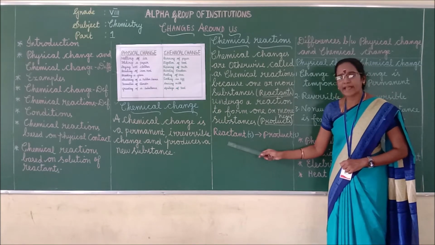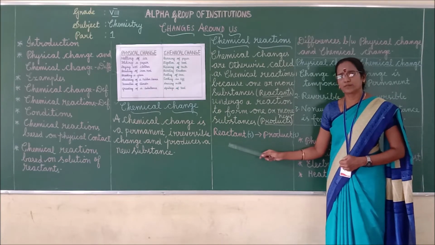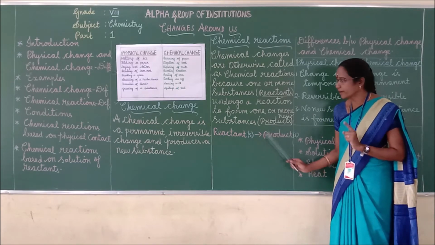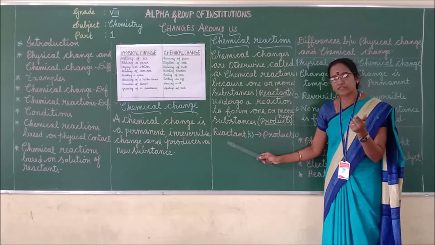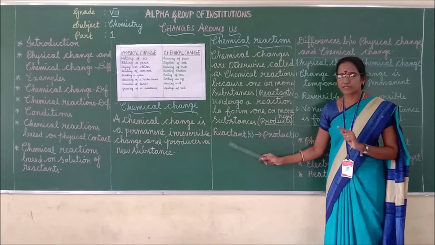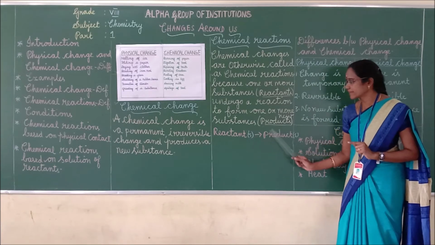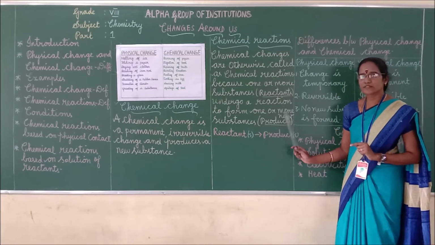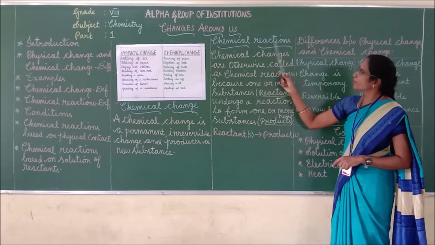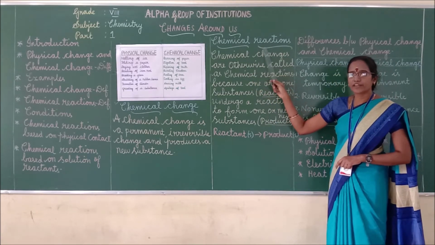If you take a single reactant, you will get a single product. Suppose one or more substances are taken as reactants, you will get one or more new substances. So reactants give products. This is also an important 2-mark question, children. What is meant by chemical reaction, or define chemical reaction?